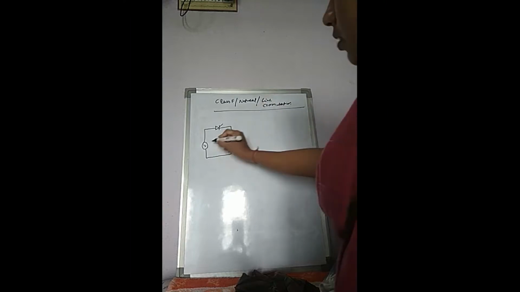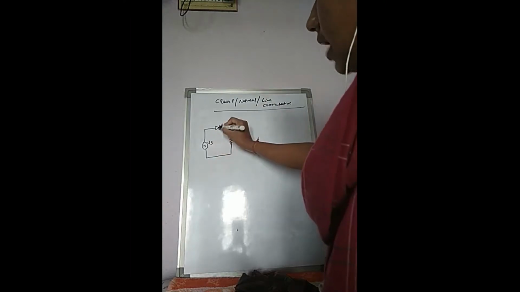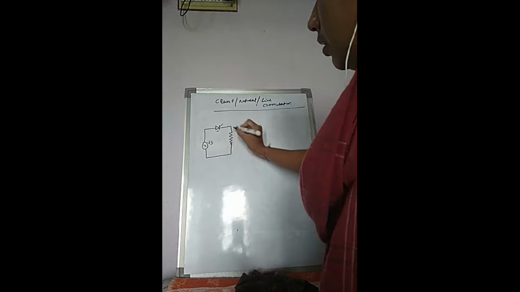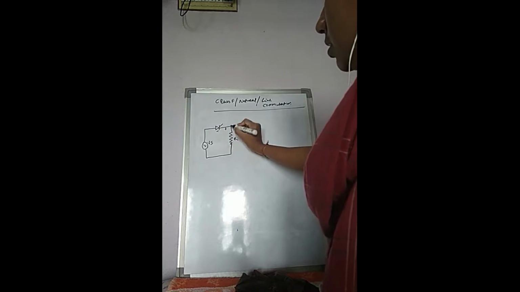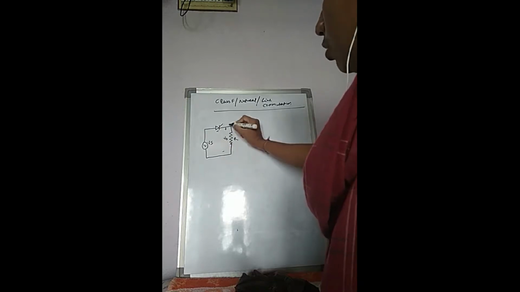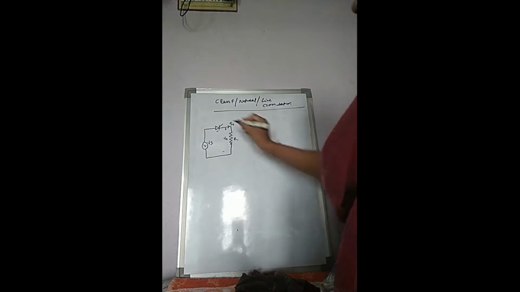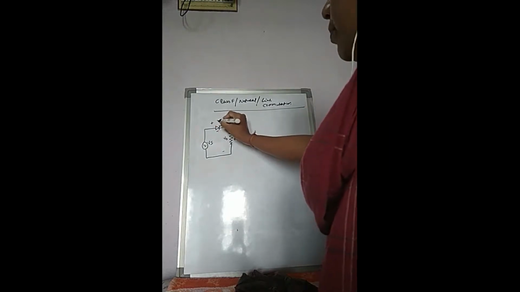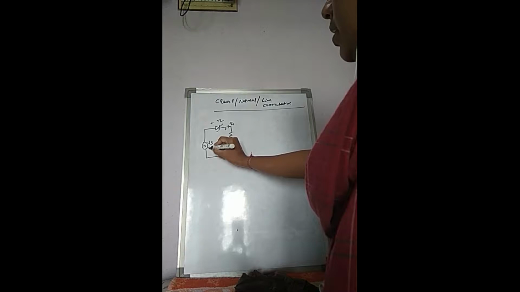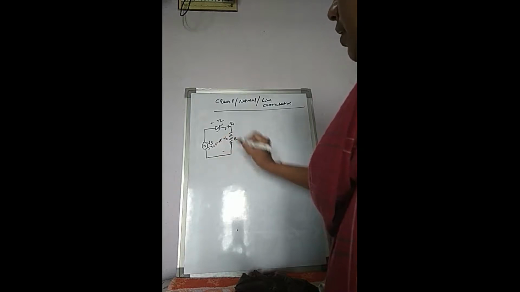This is the supply Vs, this is the thyristor T, this is the load R, this is the output voltage, the load voltage, this is the current I0. The voltage across the thyristor is Vt. Here Vs is equal to Vm sin omega t.